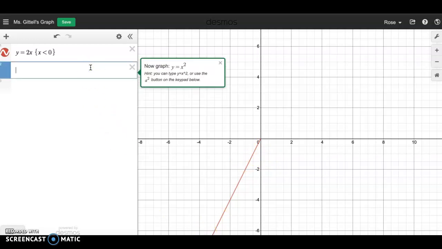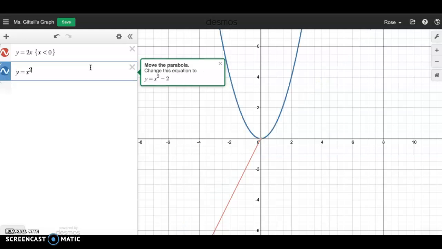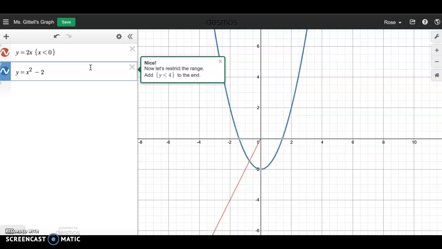Okay, let's keep following the directions. So now it's telling us to graph y equals x squared. And it says change this equation to y equals x squared minus 2. So it wants us to move the parabola, or the quadratic function, vertically shift down by 2. Okay, so we already know when we subtract 2, it's going to vertically shift down by 2.